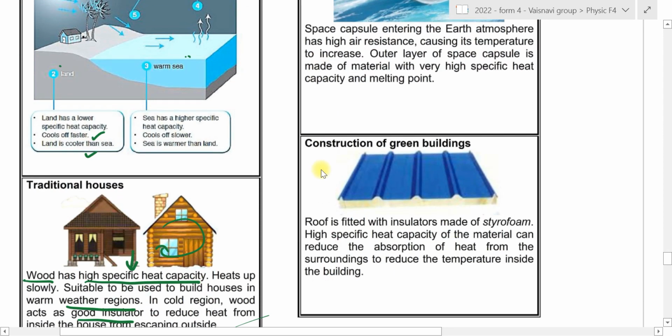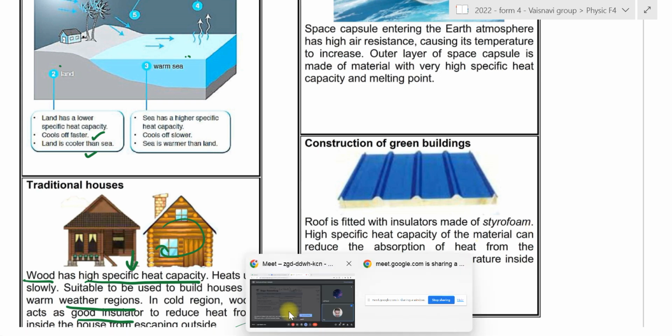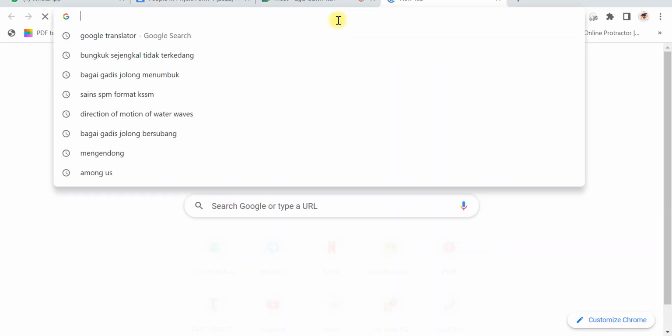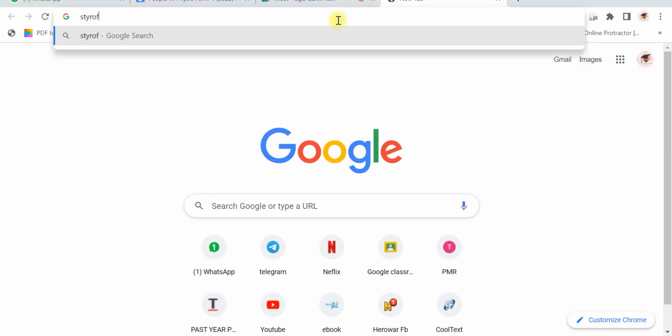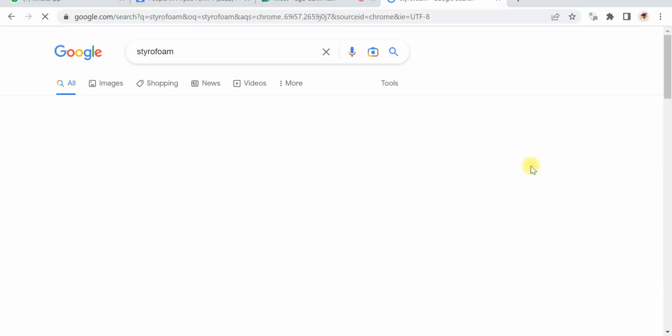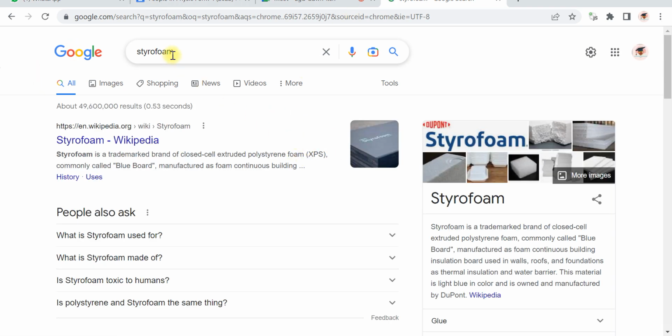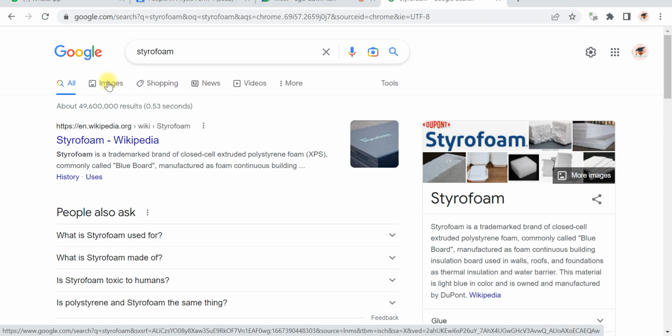Next is the construction of green building. Roof is fitted with insulator made up of styrofoam. Styrofoam ni macam, okay, wait, let me show. You need to see first, then only you know. Macam ni, dalam helmet pernah pakai?